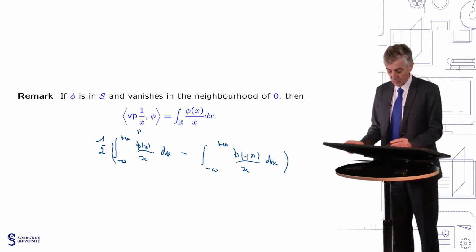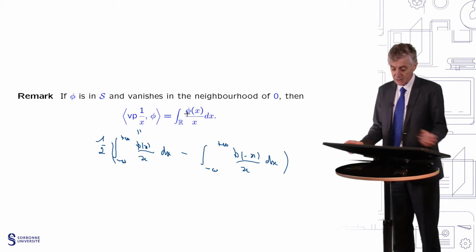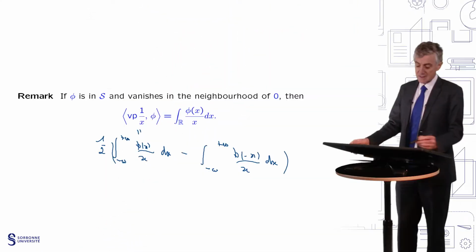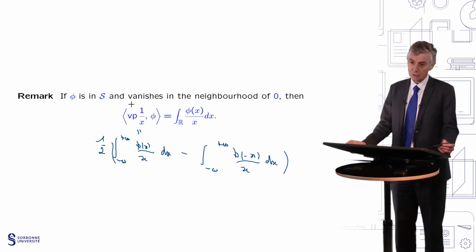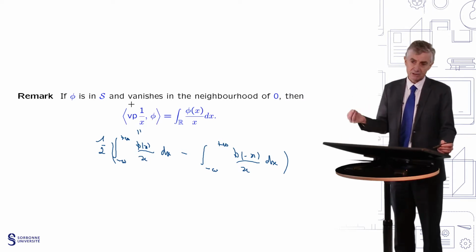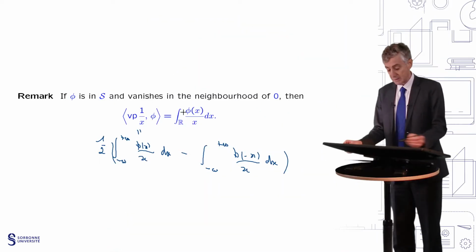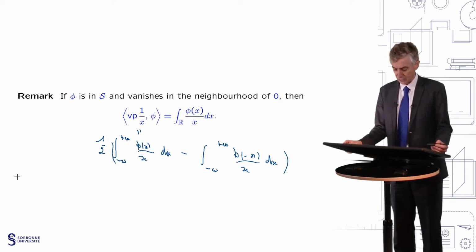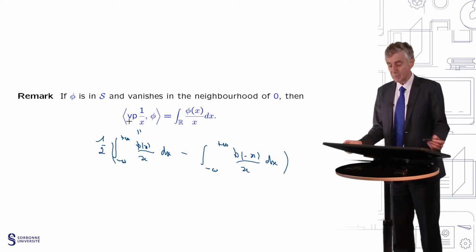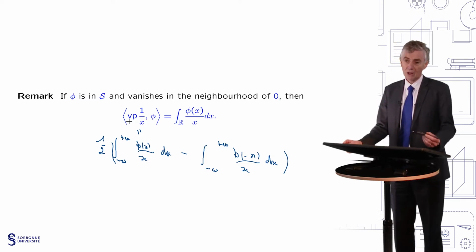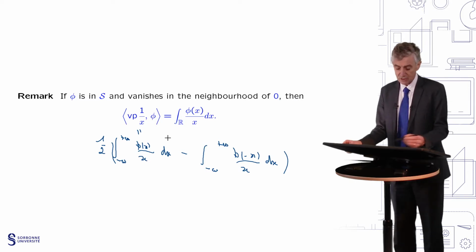And here, changing variables x into minus x gives you the wanted formula. What does it mean? It means that, in fact, if we look outside 0, this distribution principal value of 1 over x acts exactly as 1 over x. 1 over x is not a function on R because it's not locally integrable on R, but outside 0, of course, it's a locally integrable function. So, in some sense, the principal value is a sort of extension of 1 over x over all R, not as a function, but as a tempered distribution.